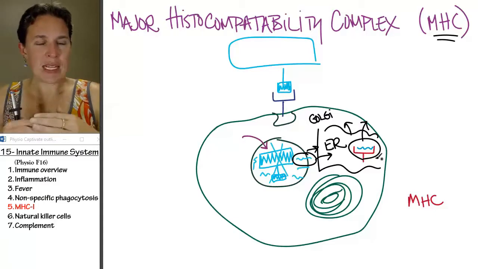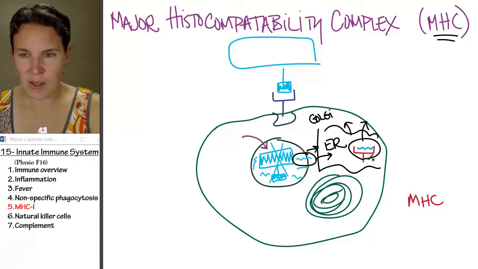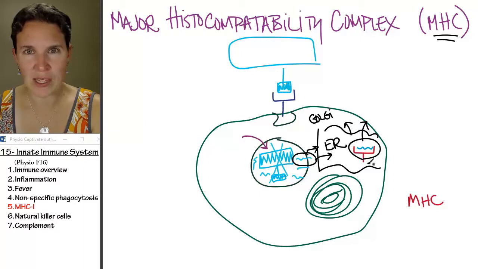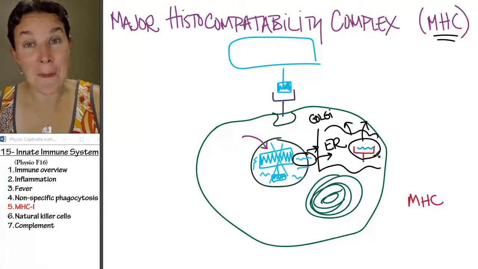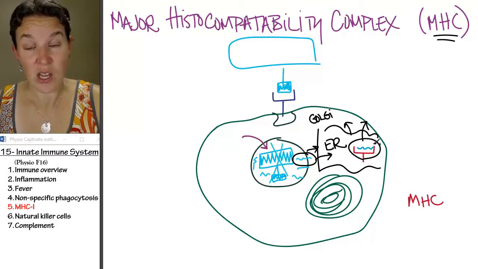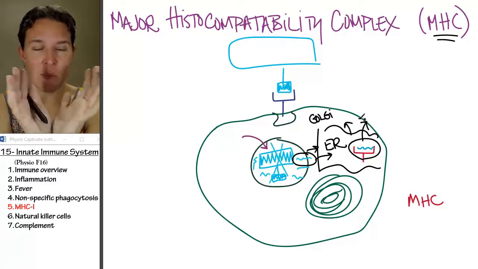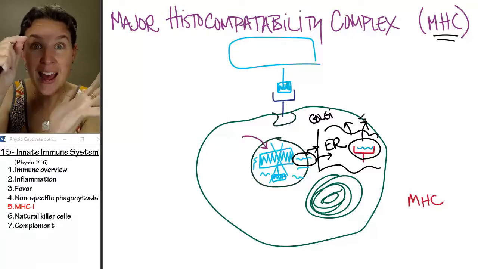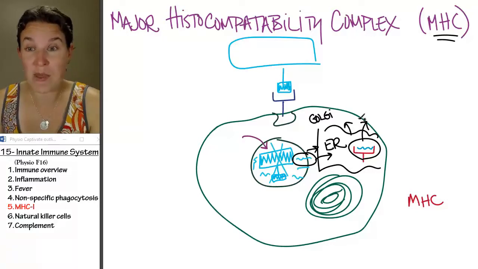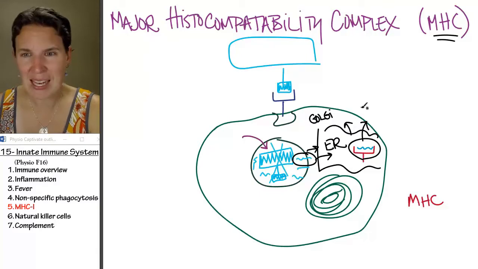Look at how I've drawn the MHC platform in this vesicle. I drew it so that you can see that it's actually embedded in the vesicle, so that when you combine the vesicle with the cell membrane and exocytose it, you're going to have an MHC platform that is now embedded in your cell membrane.